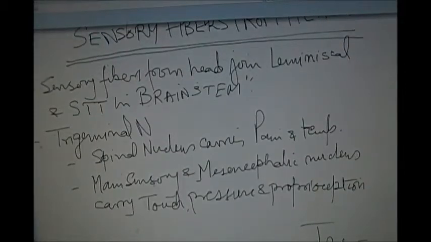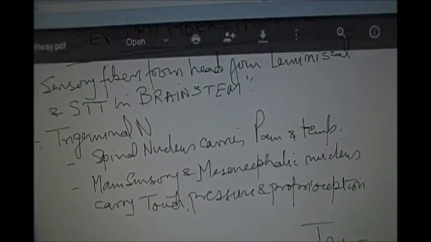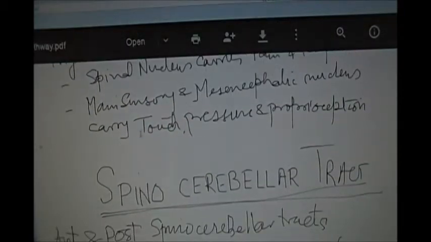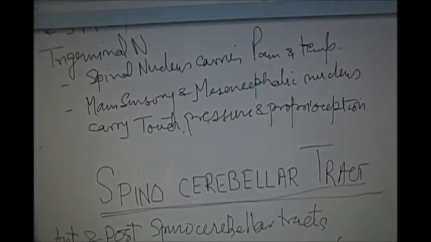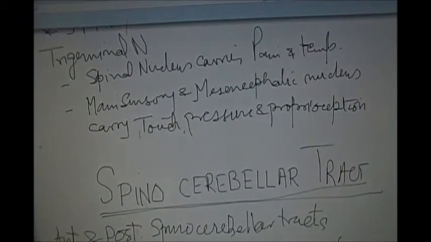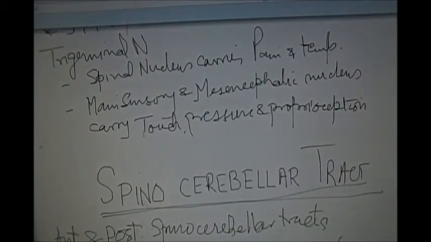The trigeminal nerve has two nuclei. The spinal nucleus of the trigeminal nerve carries pain and temperature fibers, whereas the main sensory and mesencephalic nucleus of the trigeminal nerve carries touch, pressure, and proprioception.